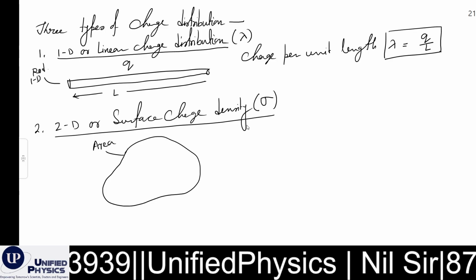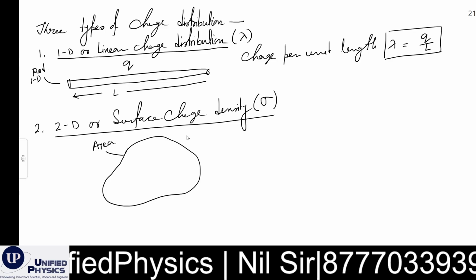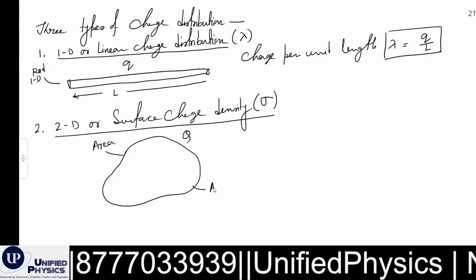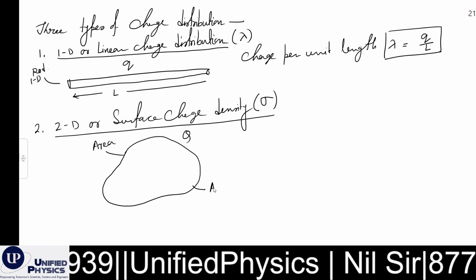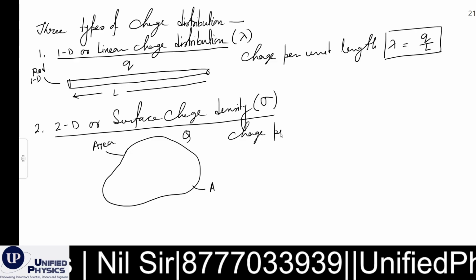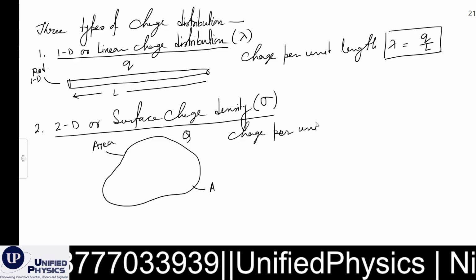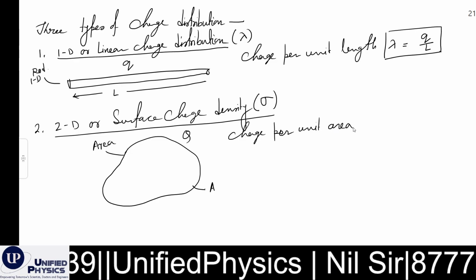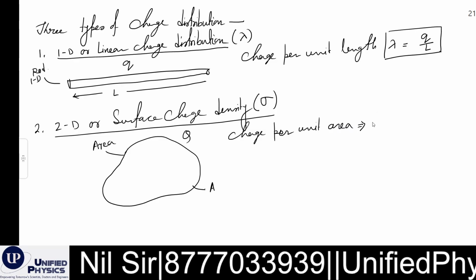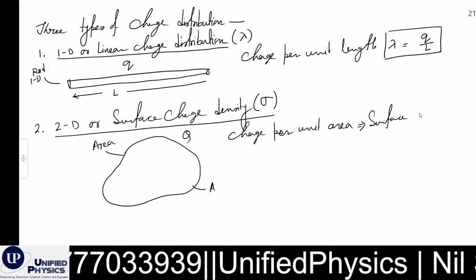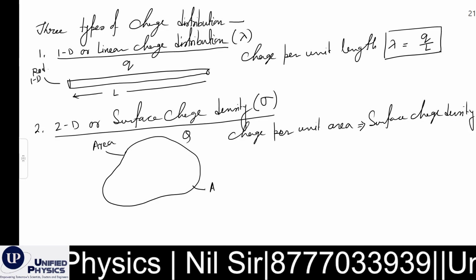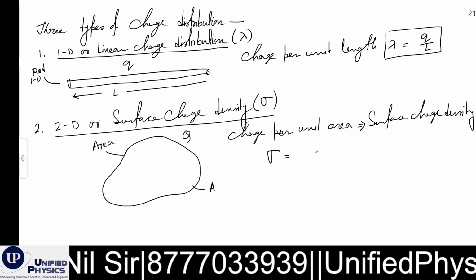Within this area, Q amount of charge is there, and the total surface area is say A. Charge per unit area is called surface charge density, and that's why we can write sigma is equal to Q by A.